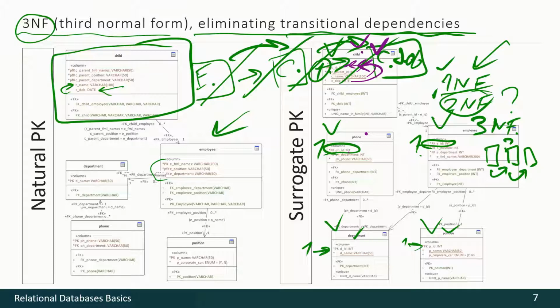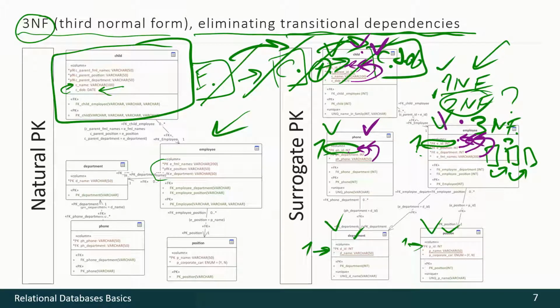Let's review phones. We have phone ID, we have information about what department that phone belongs to, and it depends on the phone ID. And the phone number depends on the phone ID. Everything's okay here. What about employee? We have an ID, and the position depends on what employee it is, and his department depends on what employee it is, and his full name depends on the same information.